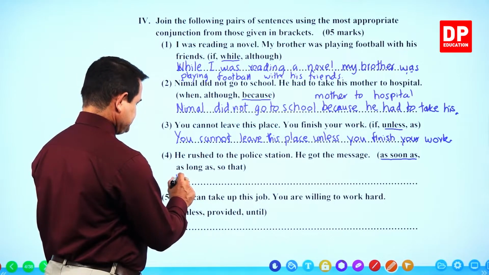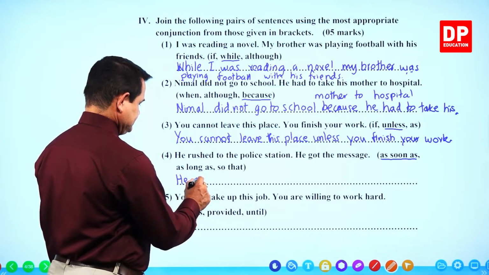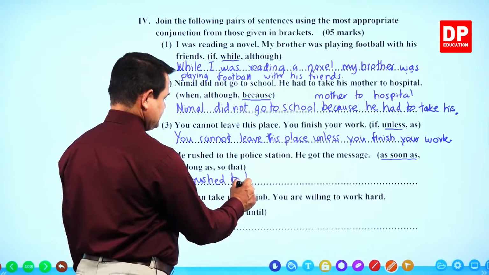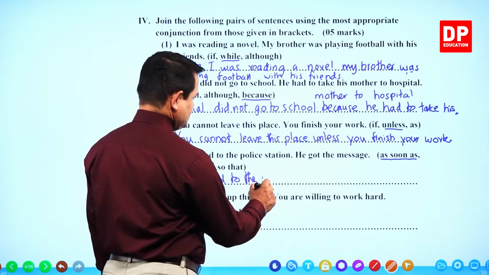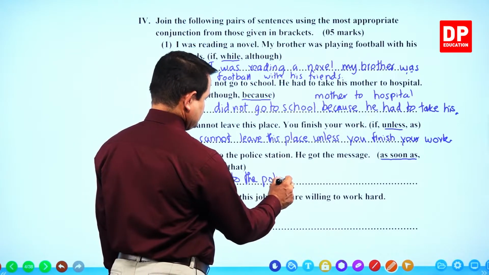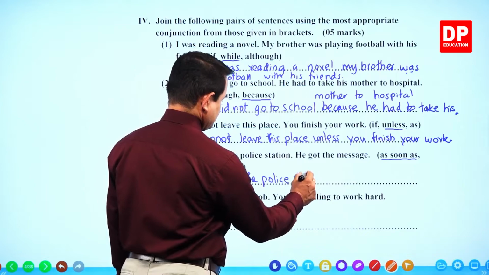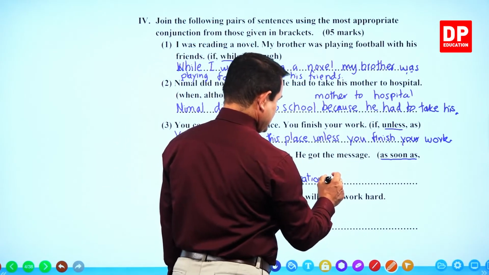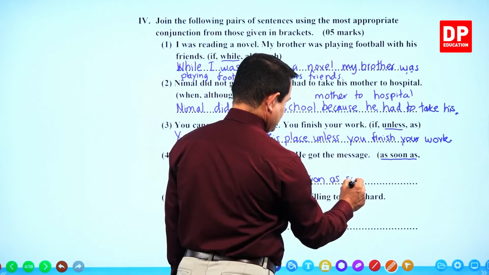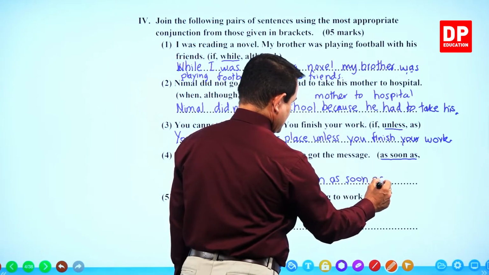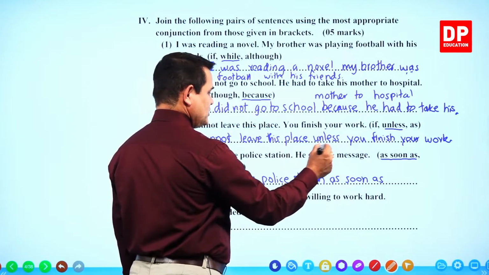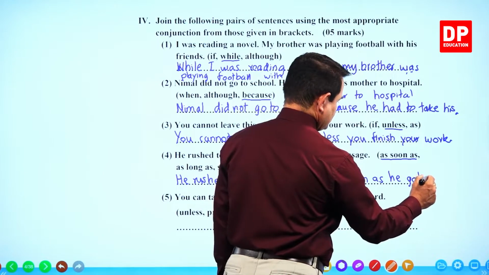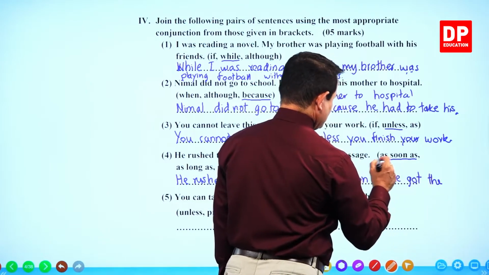Now let's write one way. He rushed to the police station as soon as he got the message.